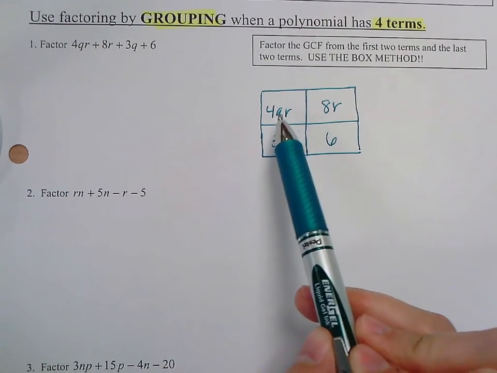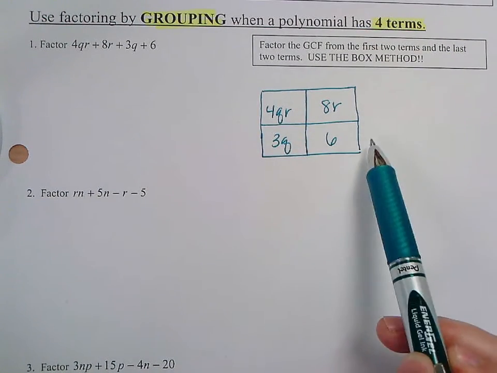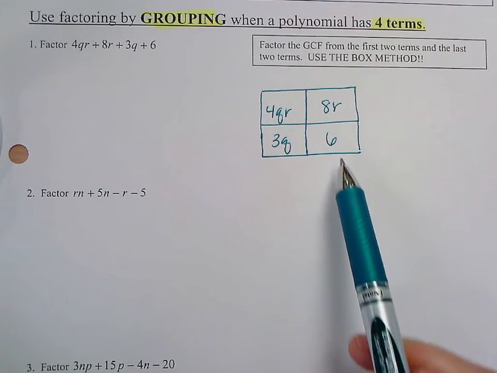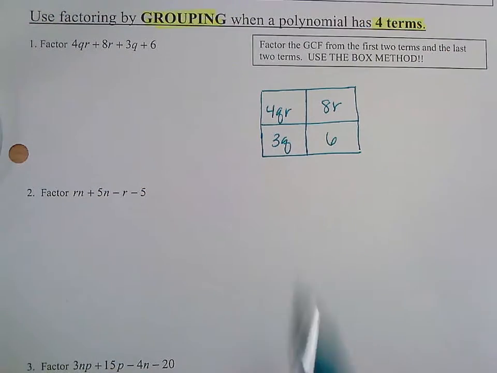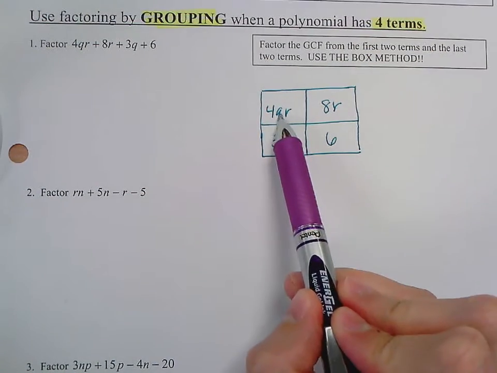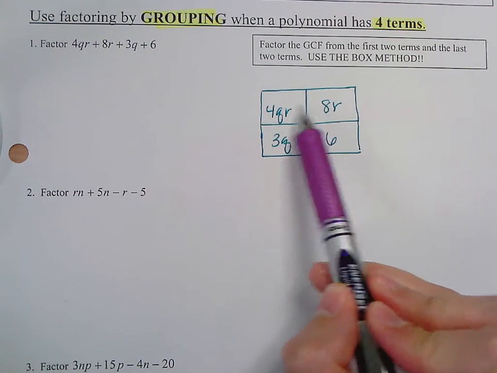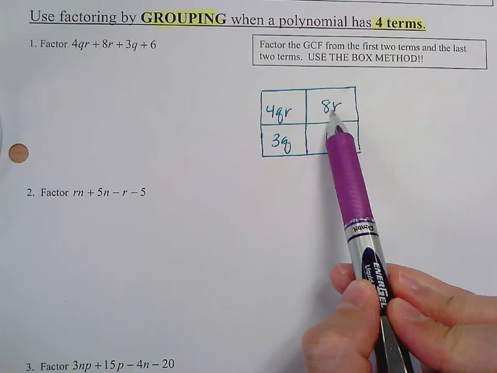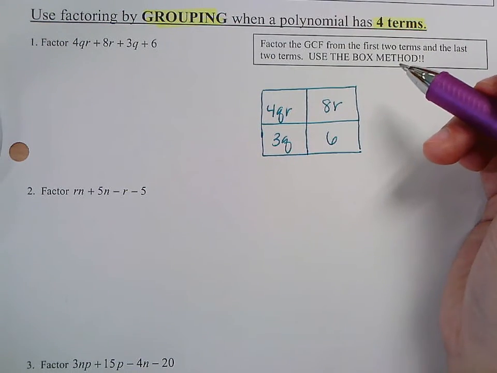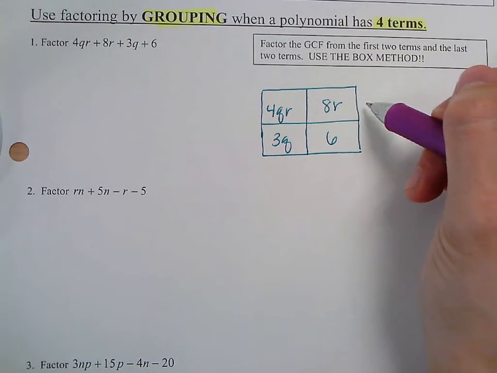And then what I do is I go across each row and down each column, and with each pair of terms, I factor out the GCF. I take out the greatest common factor. So for the first row, I'll do the rows first. 4QR and 8R, what do they have in common? They have a 2 in common. Greatest, they have a 4 in common.